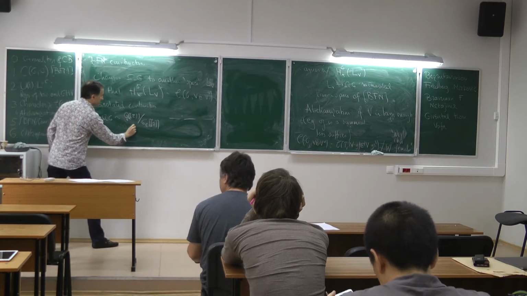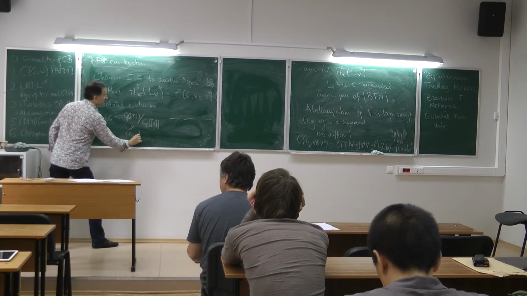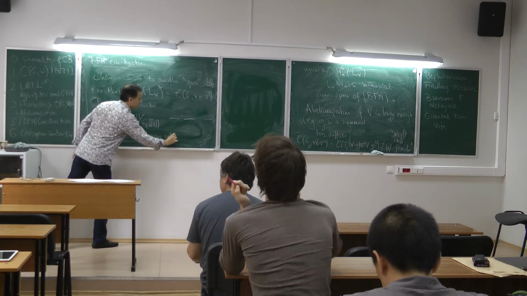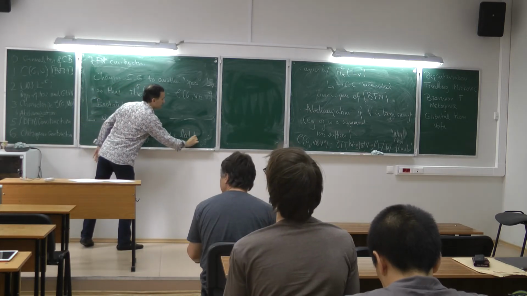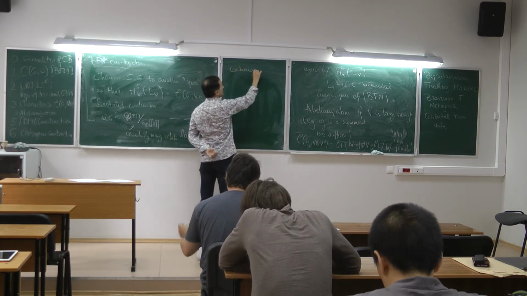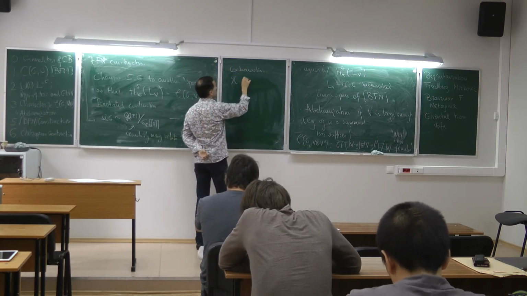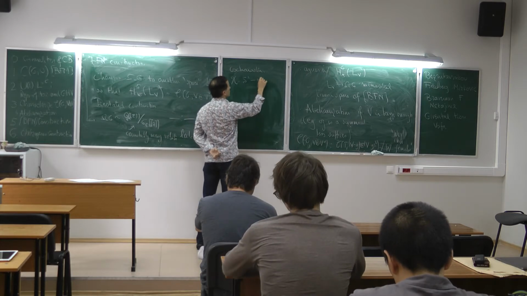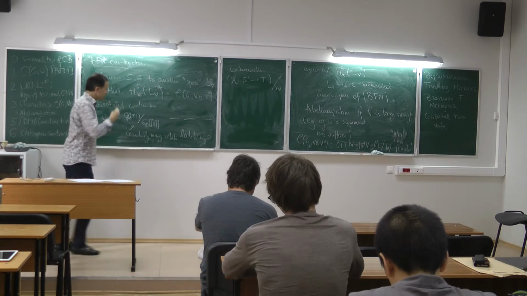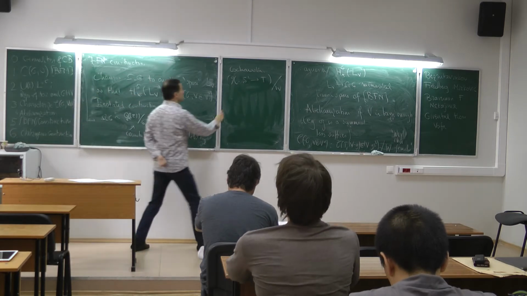So these have countably many orbits labeled by co-characters chi from S1 to the maximal torus, over the Weyl group.